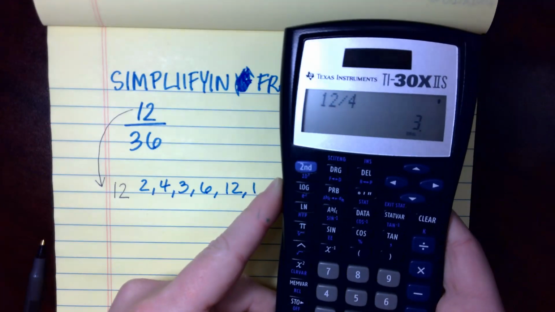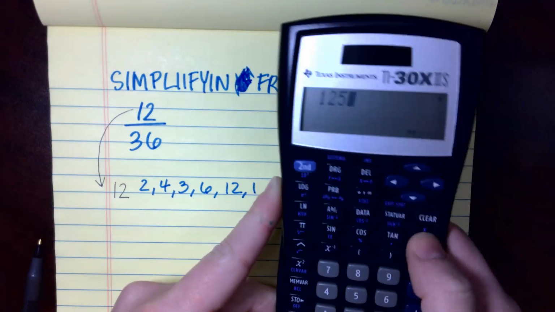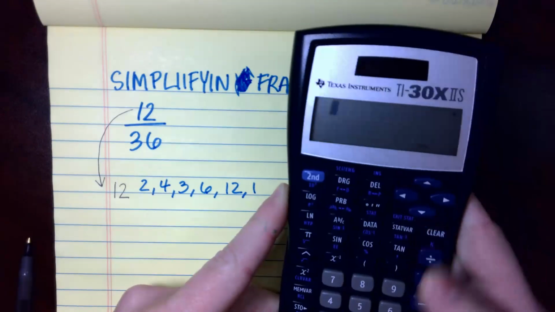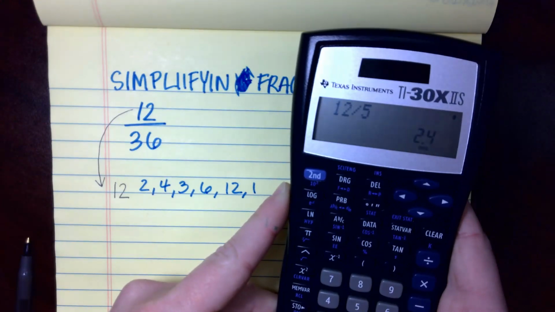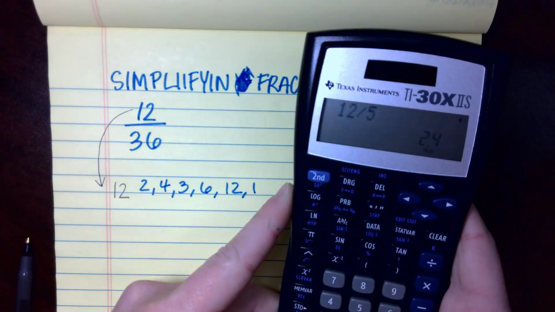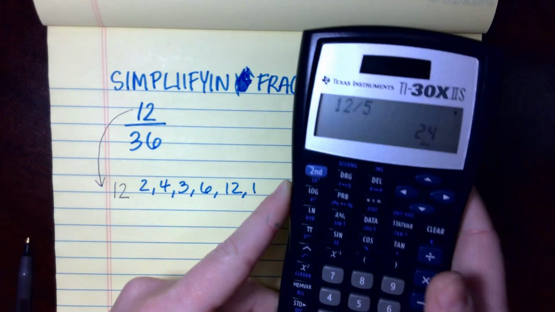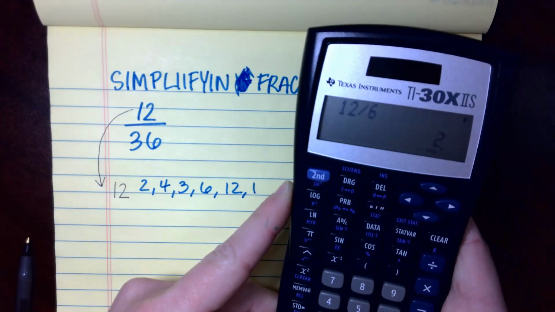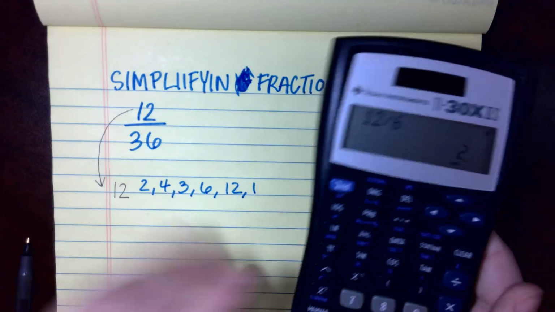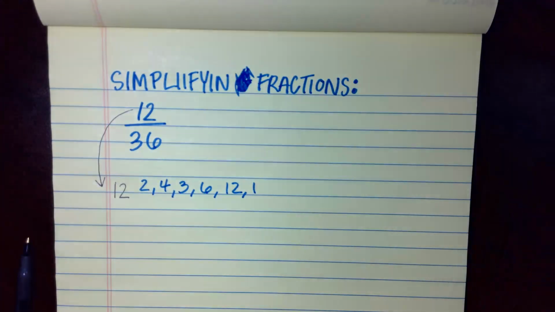Yep, 4 goes into 12. 12 divided by 5. Ooh, I get 2.4. So I know 5 is not an option. Then we just kind of keep going. 12 divided by 6. Okay, 2, that works. And then we keep going until we're out of options.